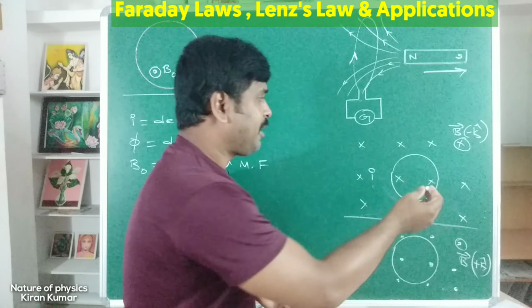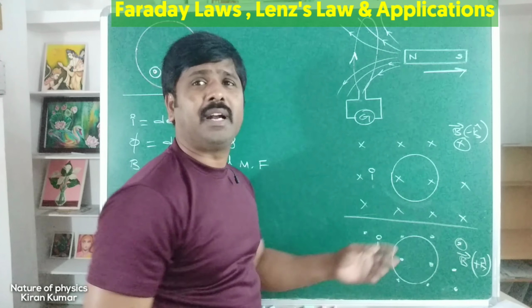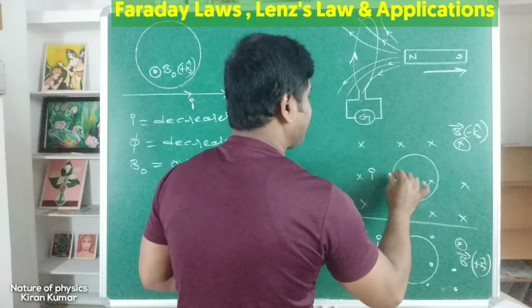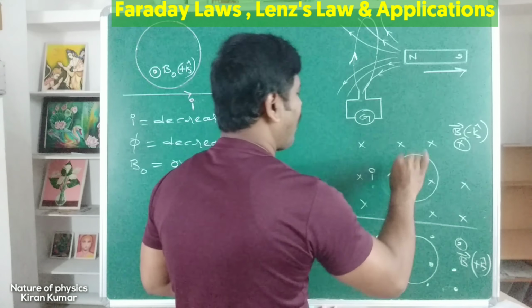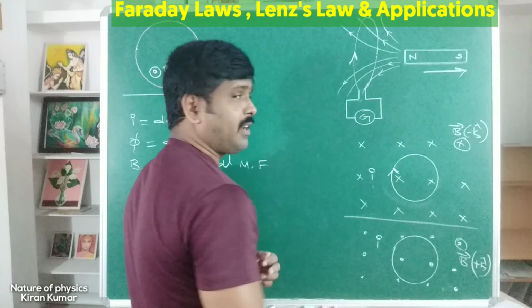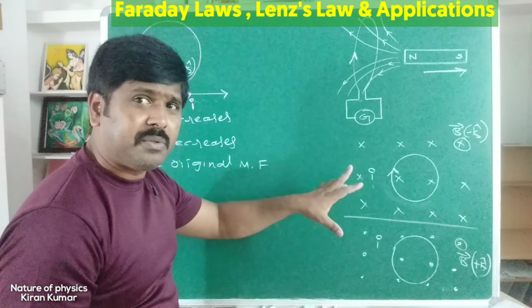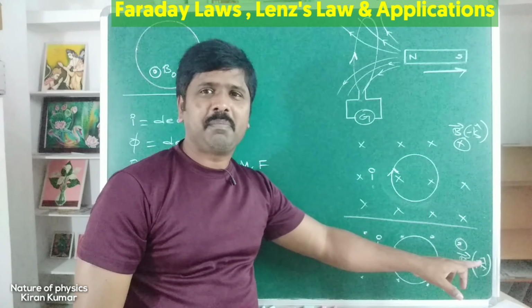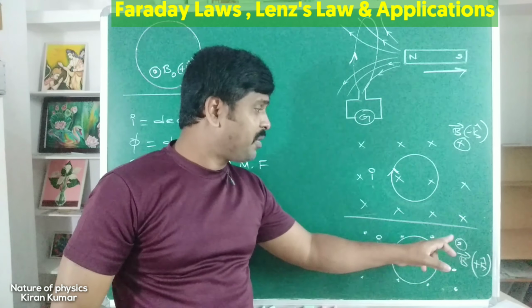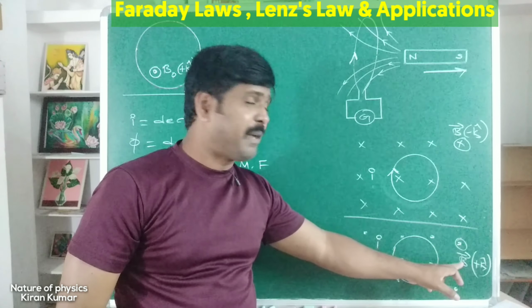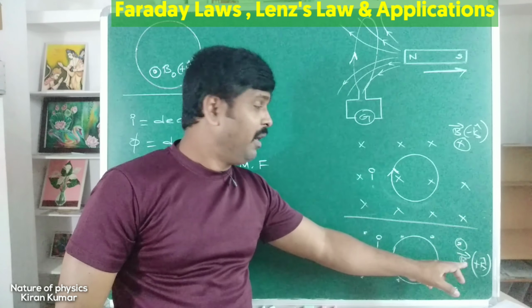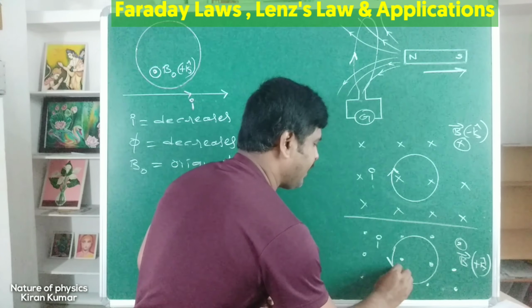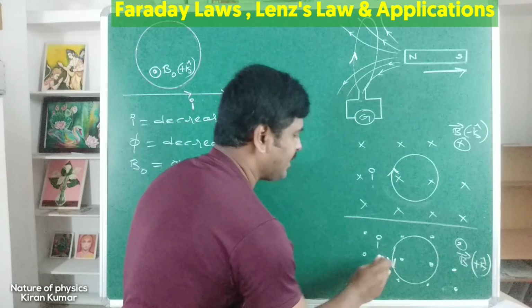When the magnet moves away, the field decreases, and for a decreasing field the current direction is clockwise. That is for the magnetic field into the paper. For the magnetic field out of the paper, along the positive z-axis, that is plus K cap, the current direction is anti-clockwise.